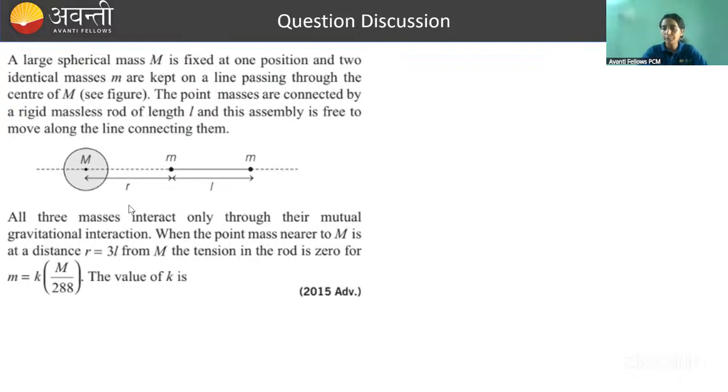From gravitation you won't be getting that difficult question, I mean most often you can crack it, ठीक है? Read it, do it.